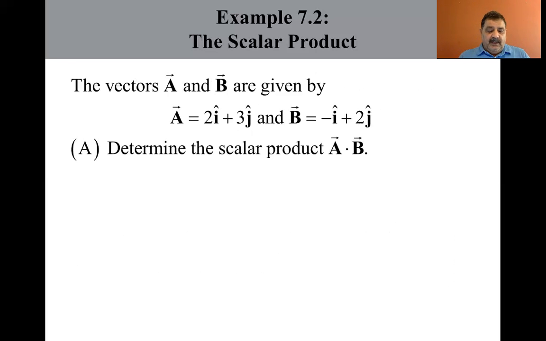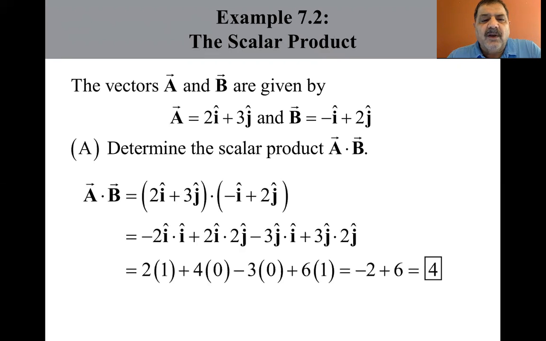Now, here's another one. The vectors A and B are given by A equals 2i plus 3j and B equals -i plus 2j. Determine the scalar product of A and B. Well, if we do it the long way, we have 2i plus 3j dotted with -i plus 2j.